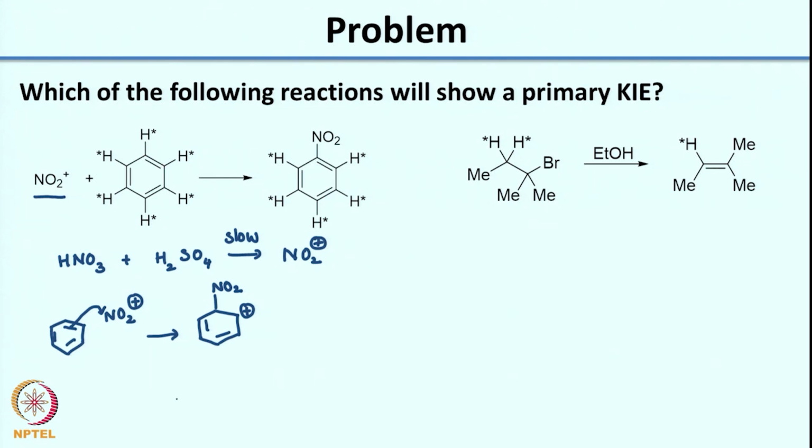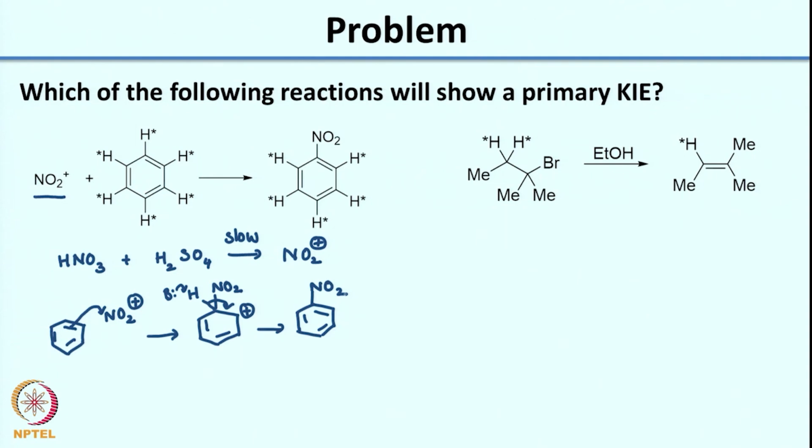So now once you generate this intermediate, you have a hydrogen here. What you can do is then have the hydrogen leave to give you your nitrobenzene.